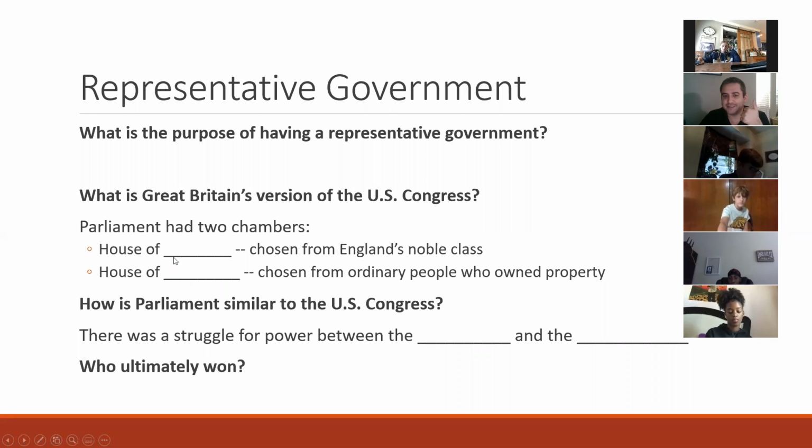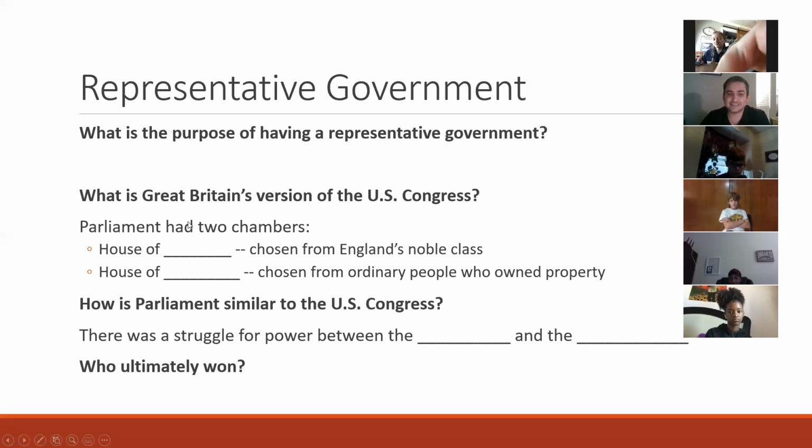The first one is the House of Lords, and those were chosen from England's noble class. The US equivalent to the House of Lords, anyone want to take a guess? Is it the House of Representatives? Or would it be the Senate? It would be the Senate.